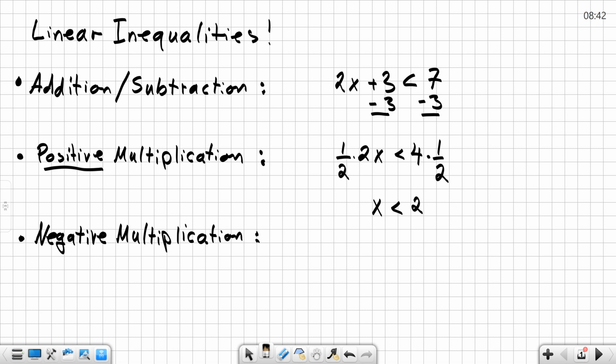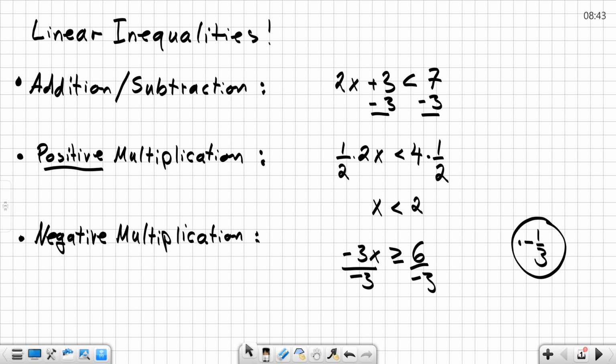All right. So negative multiplication, now that is something that looks a little bit different. If I have, for instance, negative 3x, which is supposed to be greater than or equal to 6, and I need to solve this for x, we divide both sides by negative 3. Remember, this is the same thing as if I would multiply by negative 1/3.